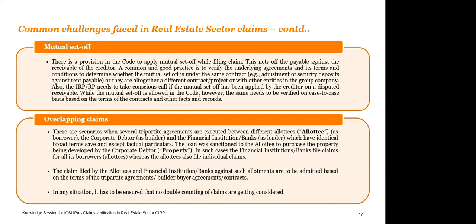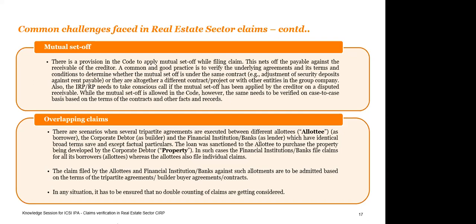So in such cases, any adjustment of receivable against payable across two separate projects is not likely to happen. Mutual set off should only happen if they are related to the same project and same contracts. That is the ideal situation to do a mutual set off.